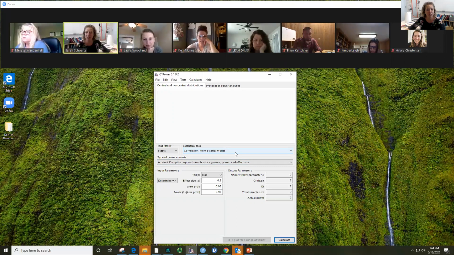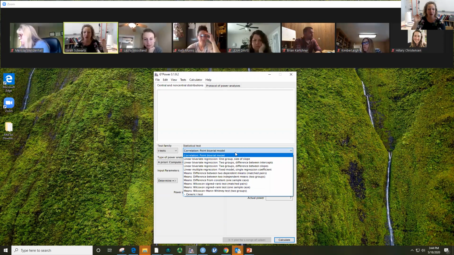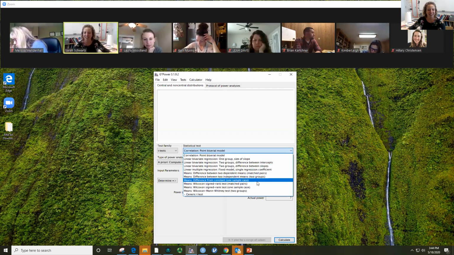I think that's the default. I believe when you go in here, the default for the statistical test will say correlation point biserial model. Is that what yours says? We're not going to do that. If you click on that drop down, you get a lot of other options. Look at the center ones. There are three that say means difference. The one that I have highlighted is means difference from a constant.